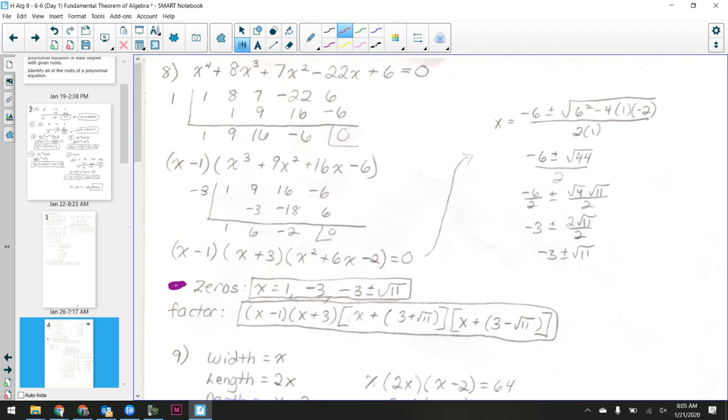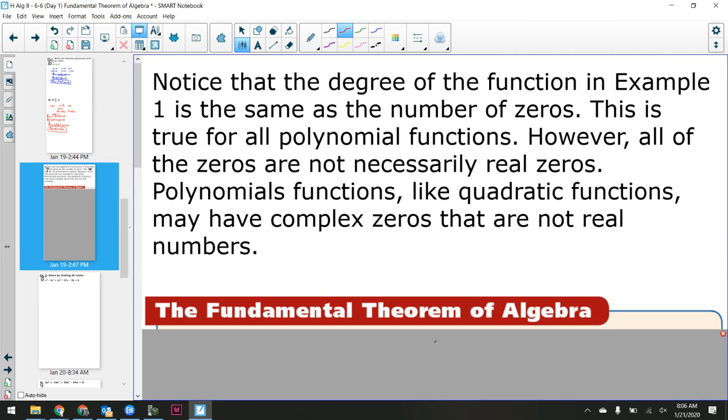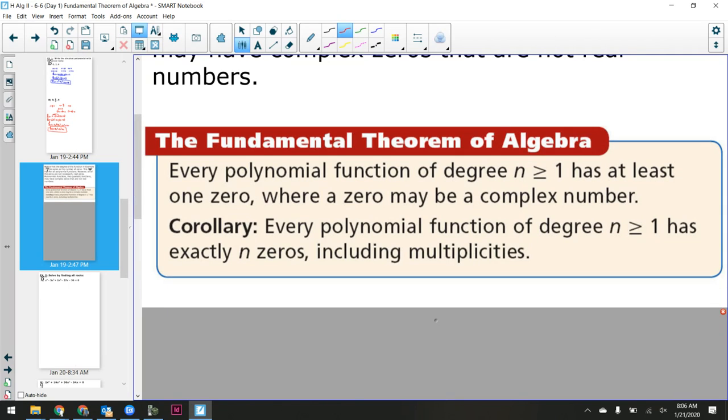So basically the fundamental theorem of algebra states that every polynomial function of degree n greater than or equal to 1 has at least one zero, where the zero may be complex. This is the good stuff.